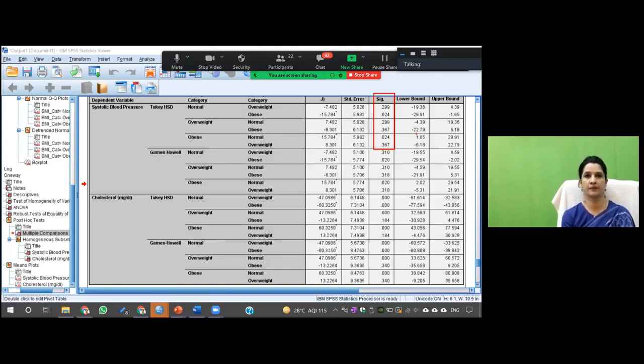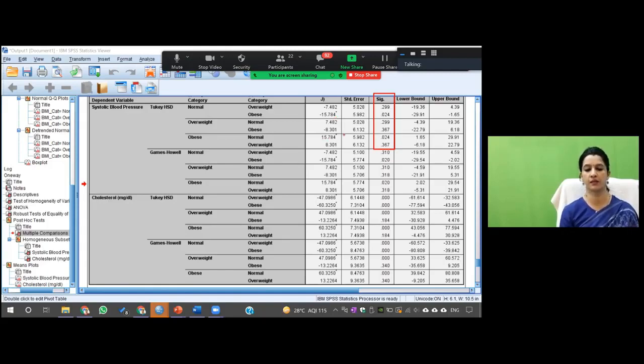Yes, please type in the chat box. Yes, 0.024, it is okay, but it is between which pair? Because we are doing post hoc now. Normal and obese, yes.